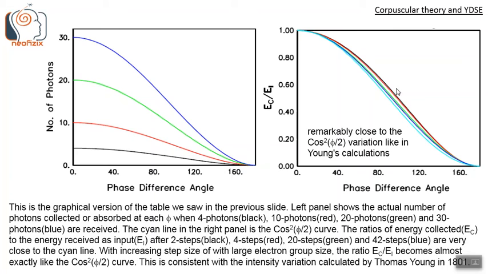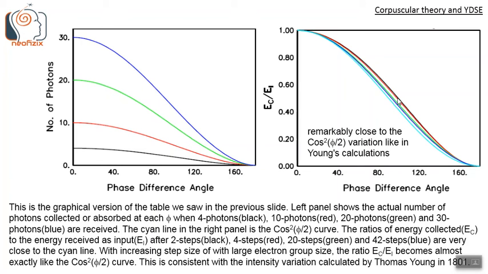This black line shows the graph of EC by EI for the group of 2 electrons after receiving 2 photons, or after 2 steps. The red line shows the EC by EI ratio after 4 steps. The green line shows the EC by EI ratio after 20 steps, and the blue line shows the EC by EI ratio after 42 steps.